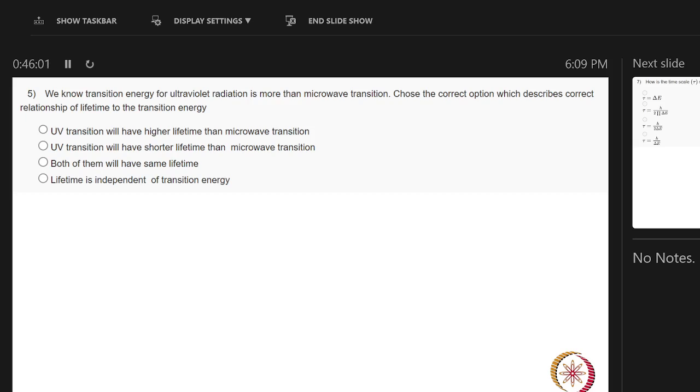So the energy of the ultraviolet transition I will assume as E1, and similarly for microwave I will assume E2.